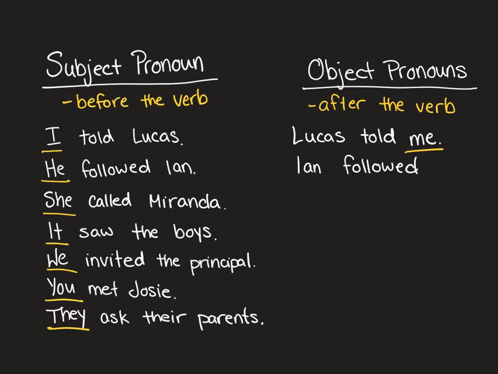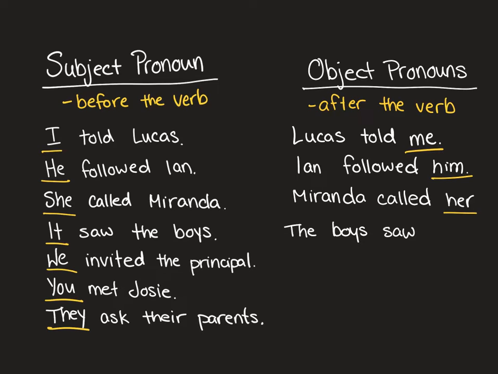Now, if we have Ian doing the following, instead of he followed Ian, Ian followed not he, Ian followed him. So him is our object pronoun. For our next example, she called Miranda. If we flip it around, Miranda called her. So the object pronoun for she is her.